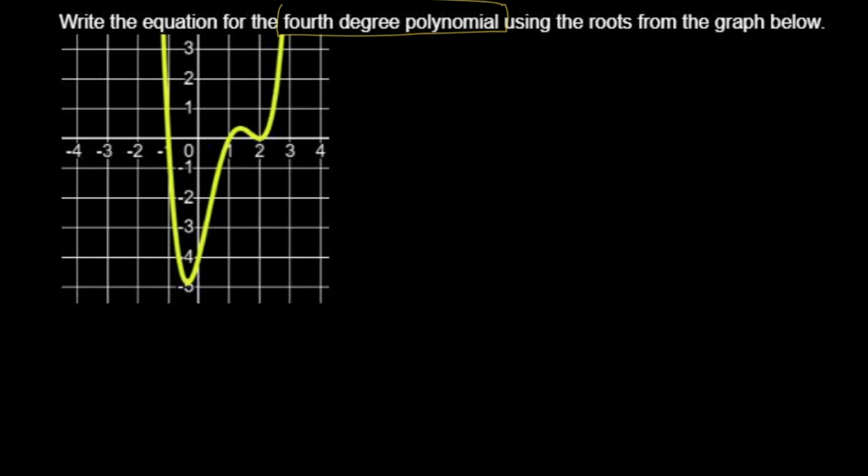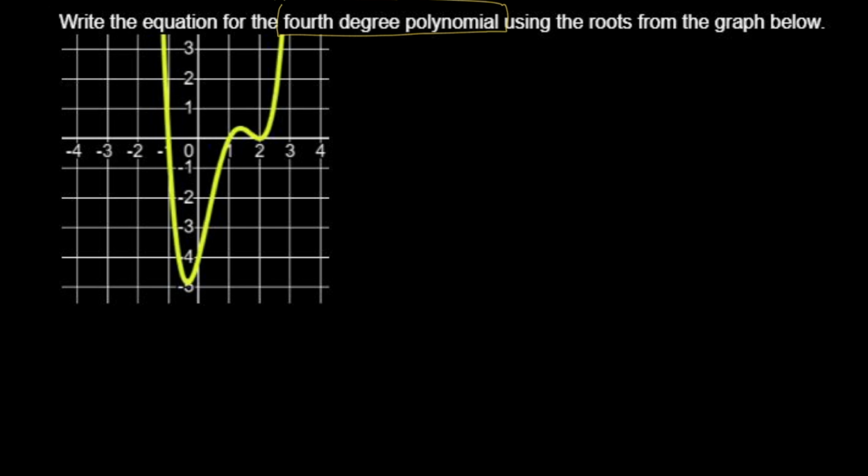That includes multiplicity and complex roots as well. This particular example is not focused on complex roots. We're just focused on real roots. So it will include multiplicity. So we should have at most 4 roots.